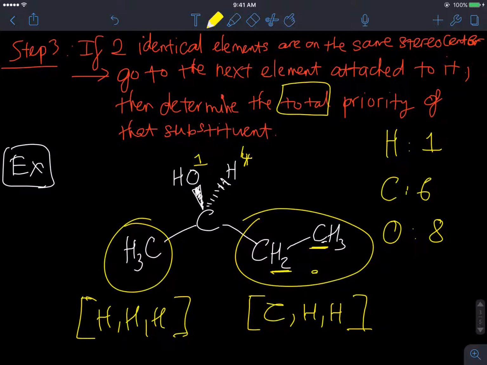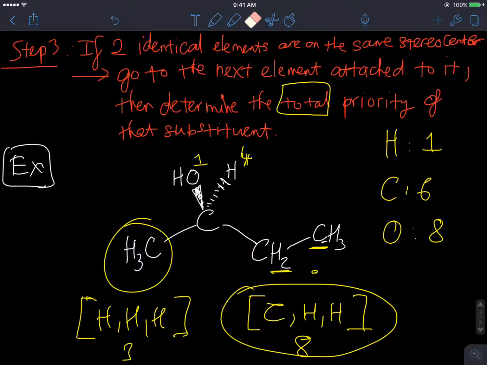So this one has higher priority because it connects to carbon and hydrogen, while the other connects only to hydrogens. So this one is number 2, and this is number 3.